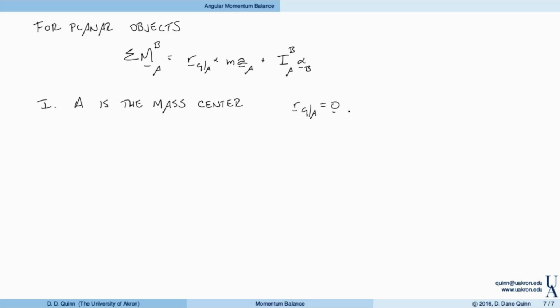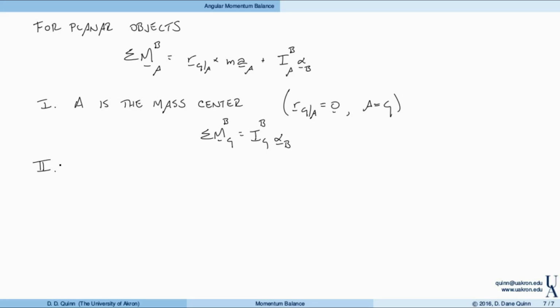So we've taken A to be equal to G, and we have the sum of the moments about the mass center is the moment of inertia about the mass center times the angular acceleration of the body. And this always works.